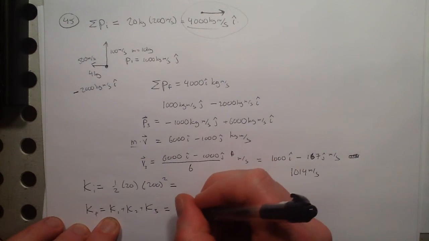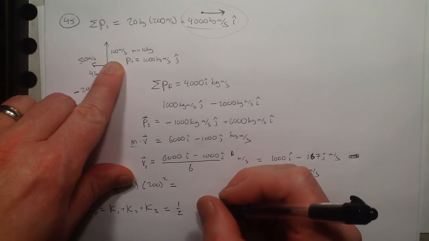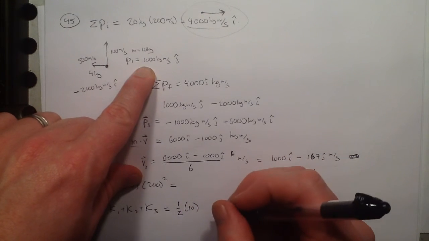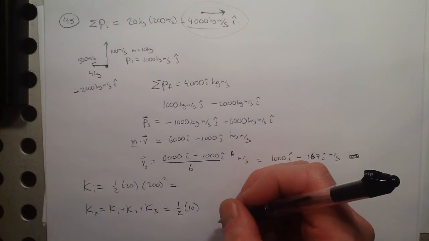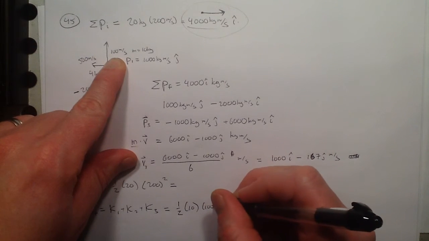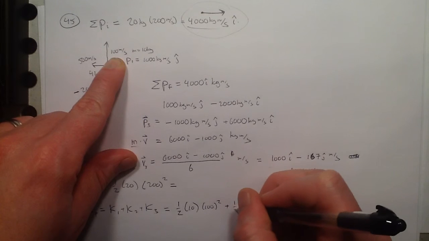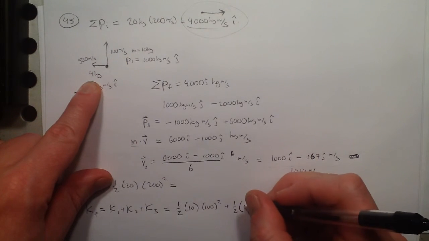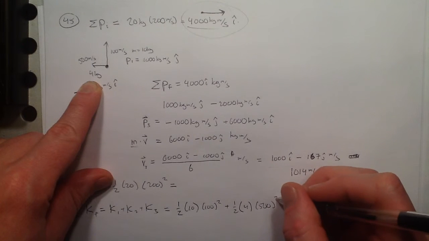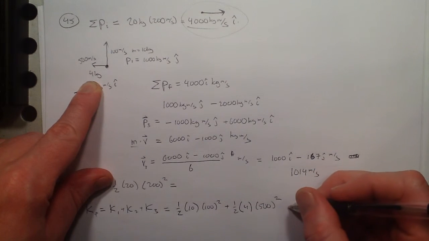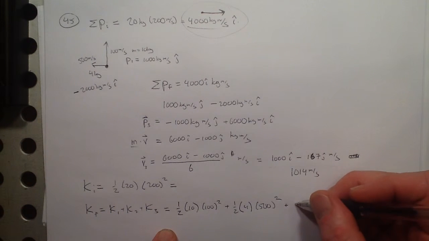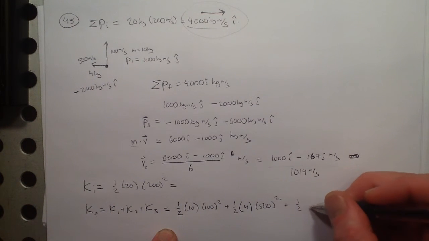Okay, so let's add up the kinetic energies of the pieces. First piece, 1/2, mass was 10. Its velocity was, sorry, there it is, 100 plus 1/2. Mass of the second piece was 4 times 500 squared plus 1/2.